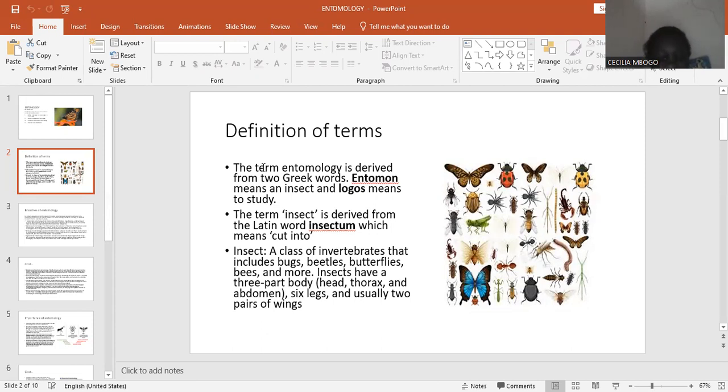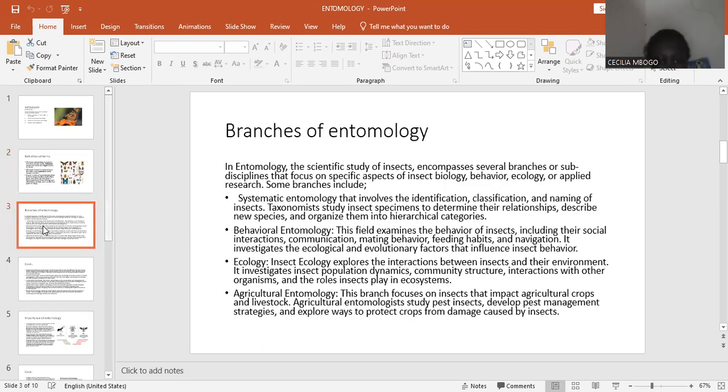Then we go ahead and say that insects are a class of invertebrates. They include bugs, beetles, butterflies, bees, and more. These insects have 3 body parts, that is the head, thorax, and abdomen. They also have 6 legs, and usually 2 pairs of wings. So let's go to the next slide.